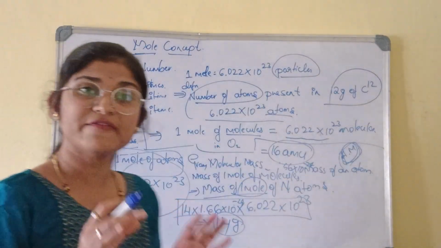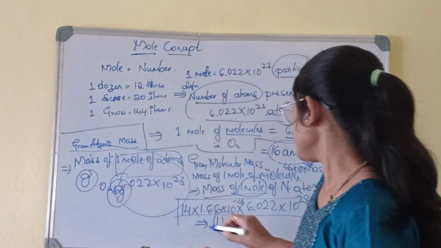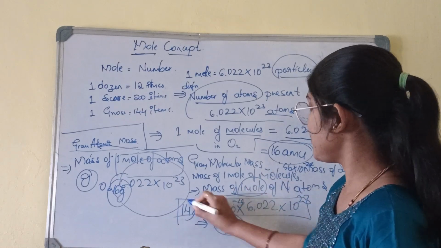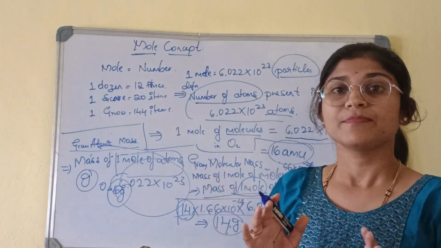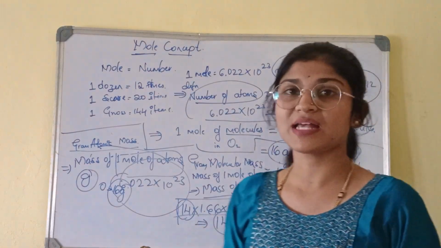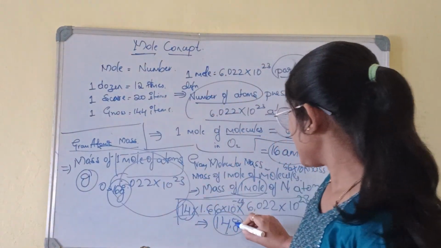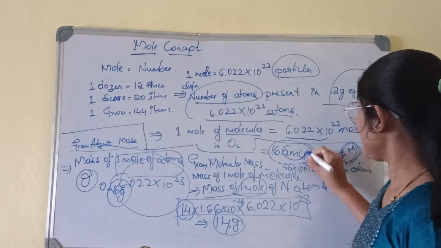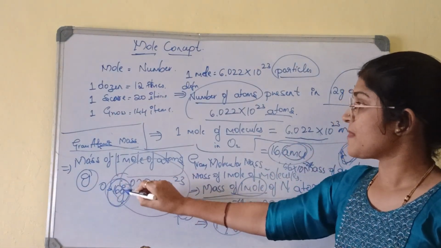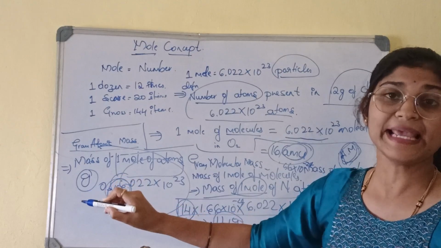The number will be the same, 14 gram and 14 AMU, but the unit is different. Atomic mass is represented by AMU and gram atomic mass is represented by gram.